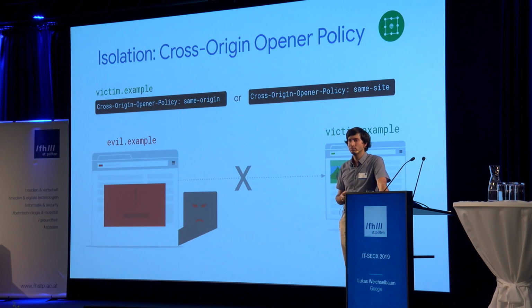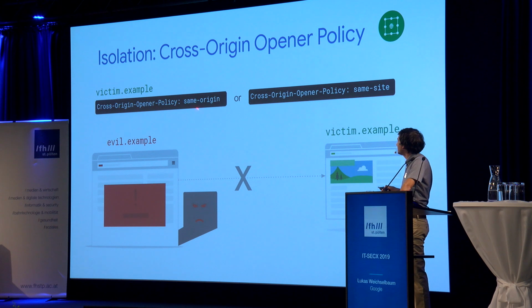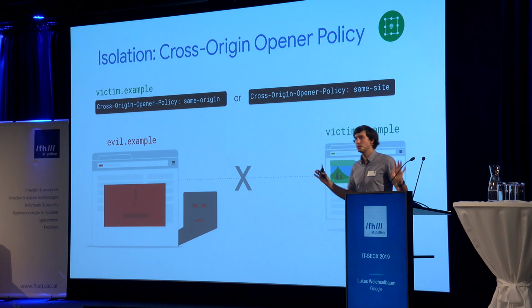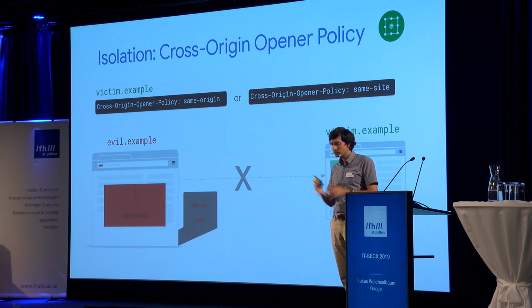What can you do? Well, you set a response header. You maybe have gotten the theme of my talk a bit here, right? So if victim.example sets Cross-Origin-Opener-Policy: same-origin, the browser will say, okay, this page opted out of having a reference to it.